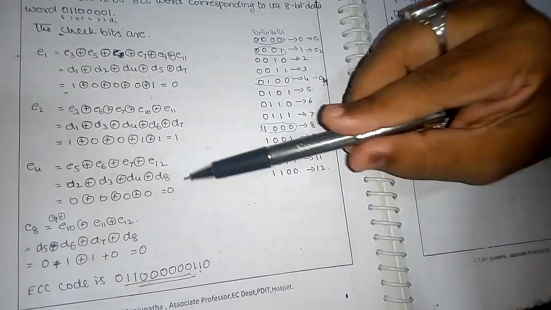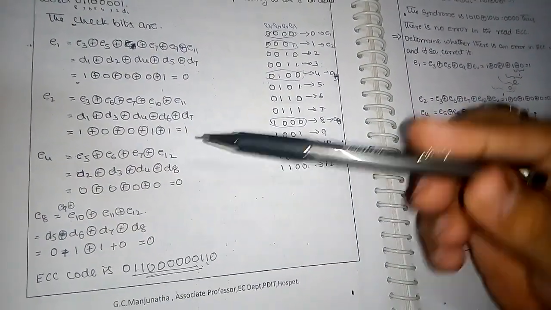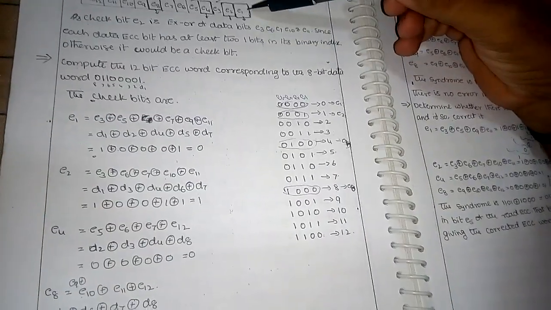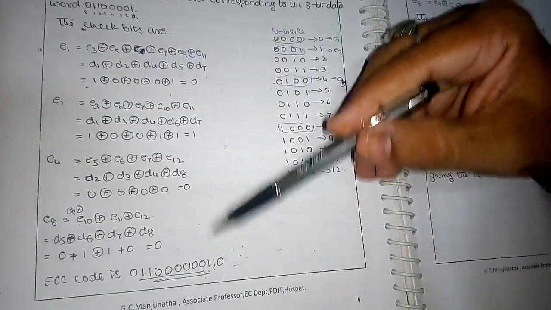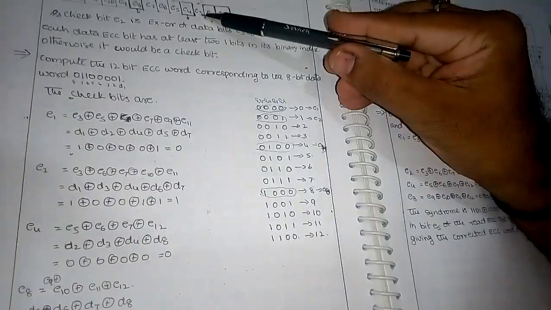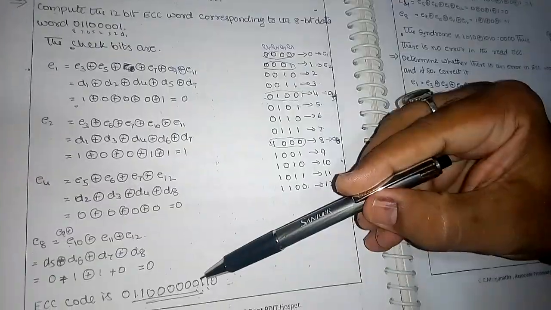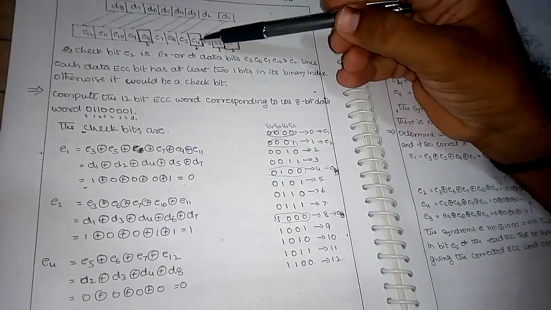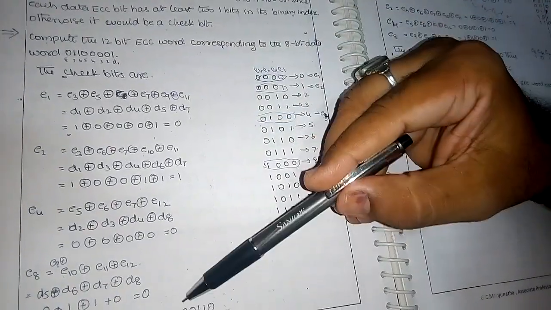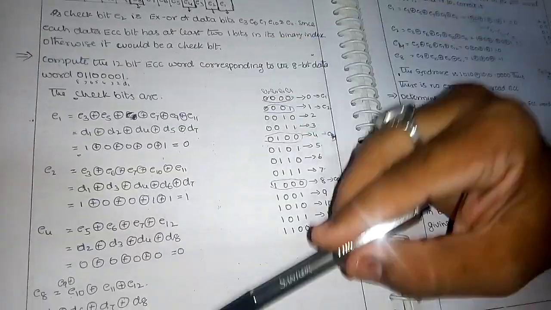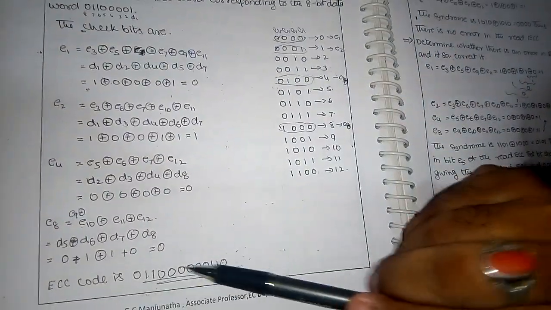The corresponding value of the ECC code is according to this. E1 is 0, we have got it. E2 is 1, we have got it. E3 is nothing but D1, which we have written here. Then E4 is 0, we have written this one. Like this, the corresponding ECC we have written over here.